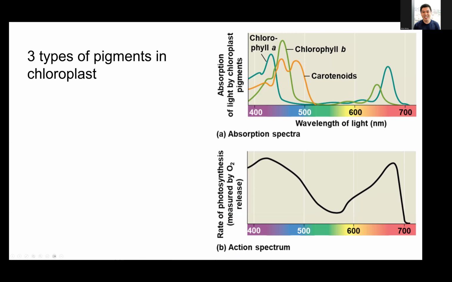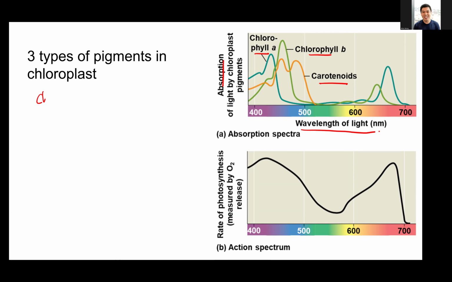So here, this is a graph that you need to learn how to read. The x-axis is the wavelength of light, and the y-axis is the absorption of light by chloroplast pigment. So notice that there are three types of pigments shown in the diagram. We have chlorophyll A, chlorophyll B, and carotenoids.